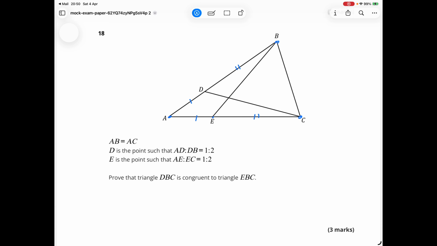So how would we do this? So we know that this one and this one are the same. So that means, what does that mean? That means that these two are the same. And these two are the same, right?